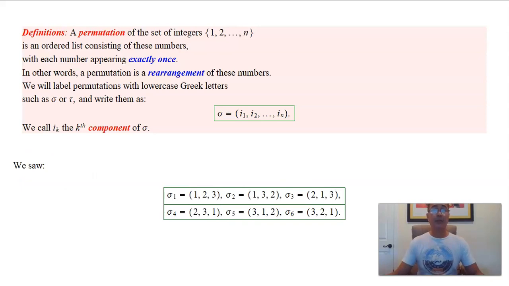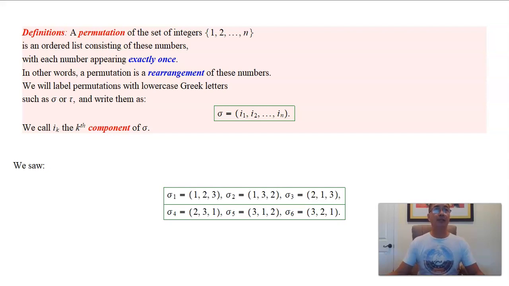All right, so here's a general definition of what a permutation is. A permutation of the set of integers 1, 2 through n is an ordered list consisting of these numbers, where each number from 1 to n appears exactly once.